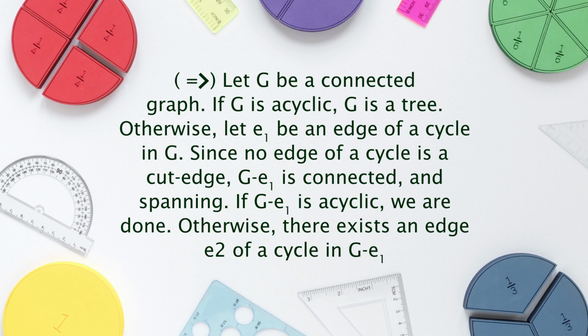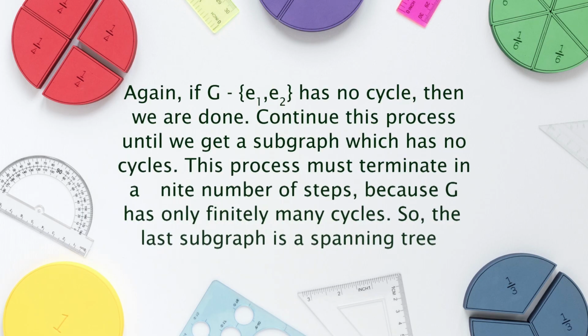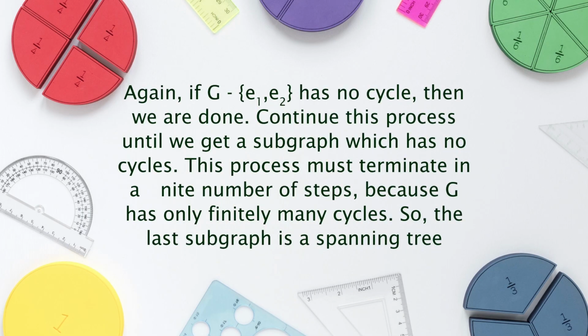Now again we have the same situation. If G minus E1 is acyclic, we are done, right? We have reached that G minus E1 is a tree. Otherwise G minus E1 has some cycle, and there exists an edge, say E2, of a cycle in G minus E1. Now again we have the situation: either G minus E1 E2 is acyclic or it has cycles.